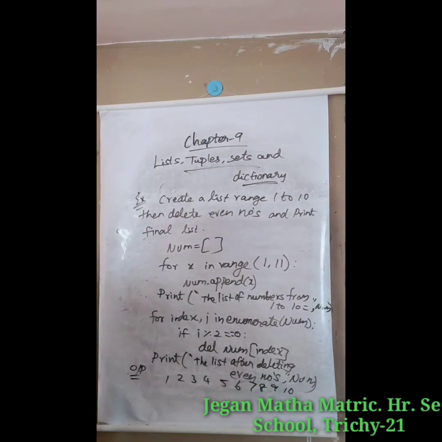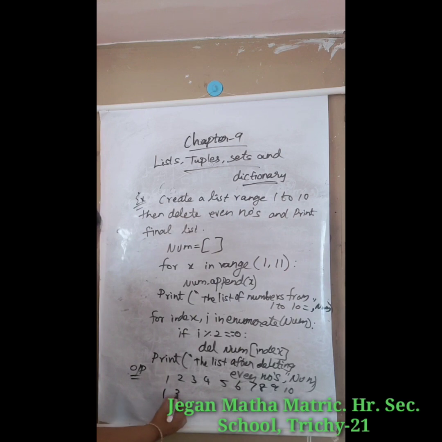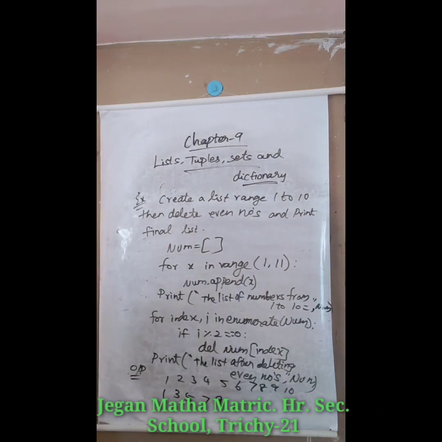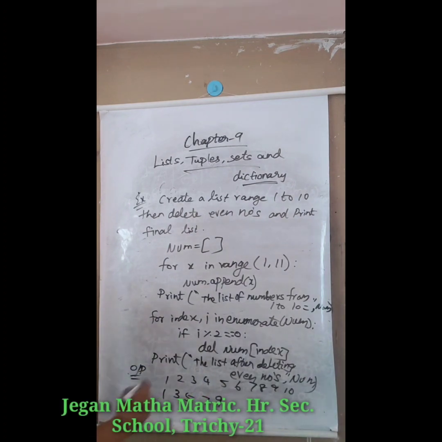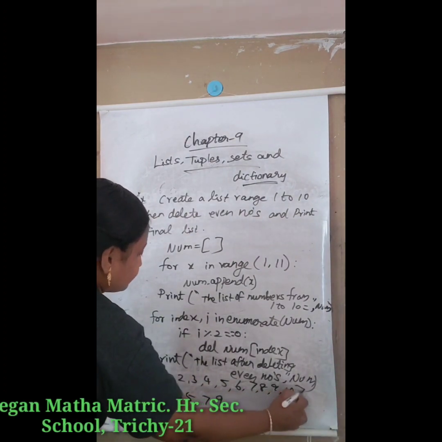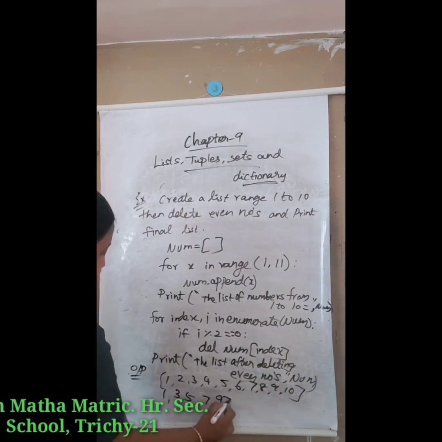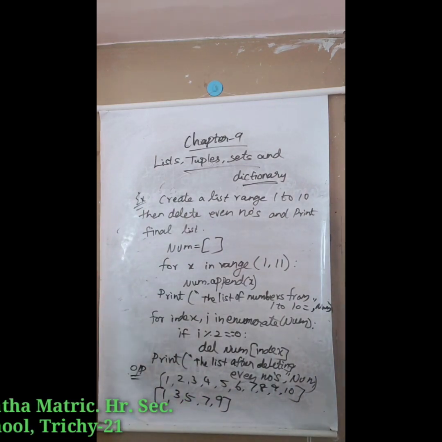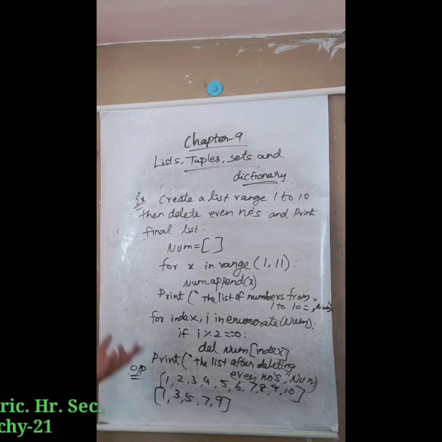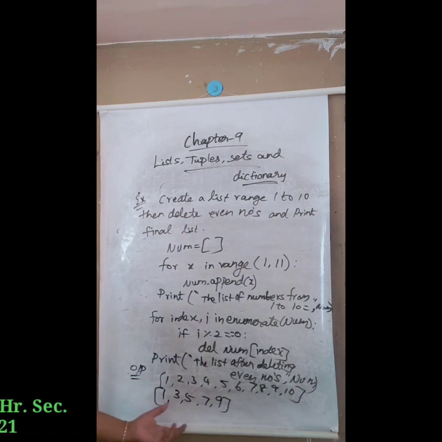After deleting even numbers, it produces the result 1, 3, 5, 7, 9. This is the example for creating a list and then deleting the even numbers, and at last printing the values. Thank you students.